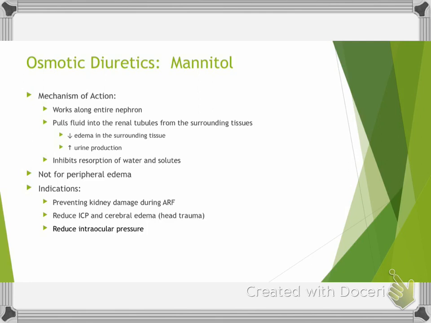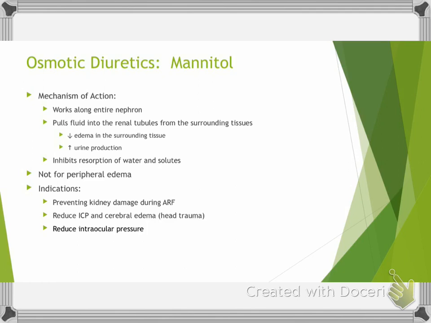Remember, water follows sugar. So if you increase the sugar concentration, it's going to pull water to that area, okay? So this helps to decrease edema in the surrounding tissue and increase urine production because you're increasing intravascular fluid volume. It inhibits the reabsorption of water and solutes, so it increases urinary output.